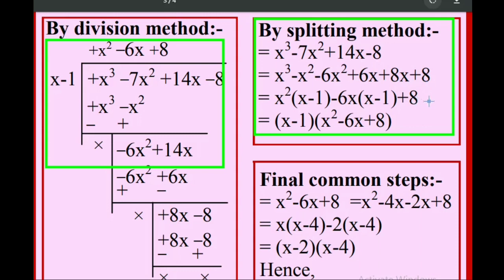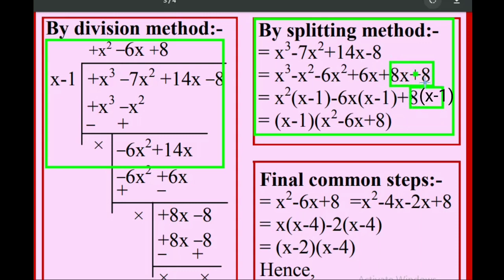I take 8 common and x minus 1 is left here. So something is missing in this part, because this part is 8x minus 8, not plus 8.